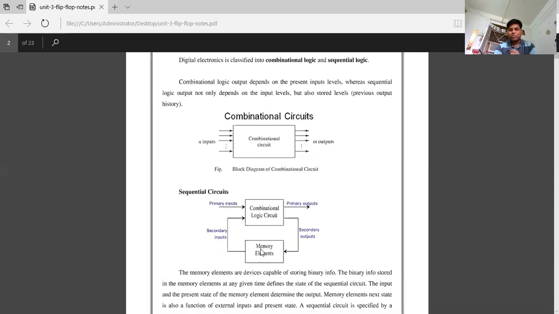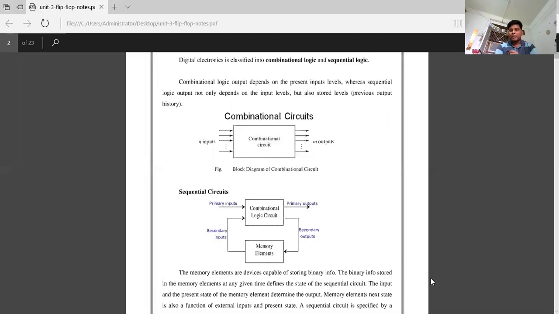For the previous output, a memory element is required. In the memory element, the previous output is already saved and goes as feedback to the combinational circuit also. So the input and the previous outputs are the basis of the present output.